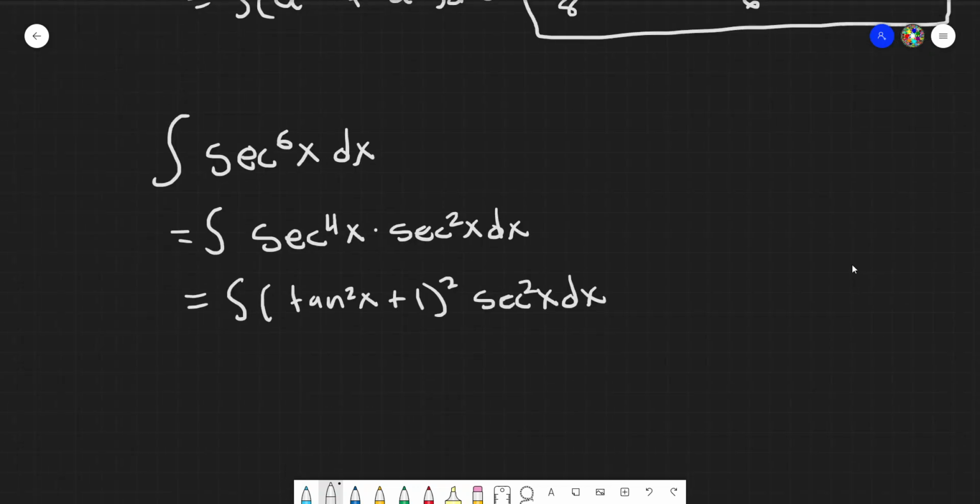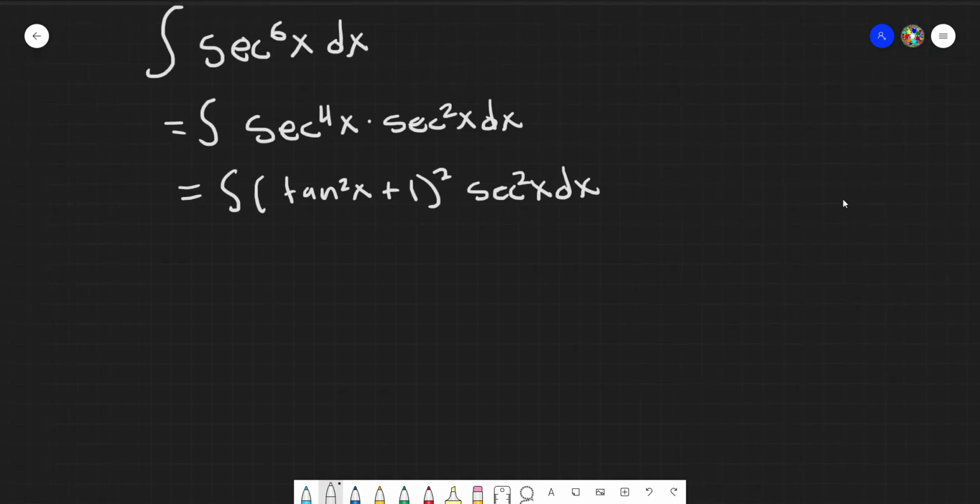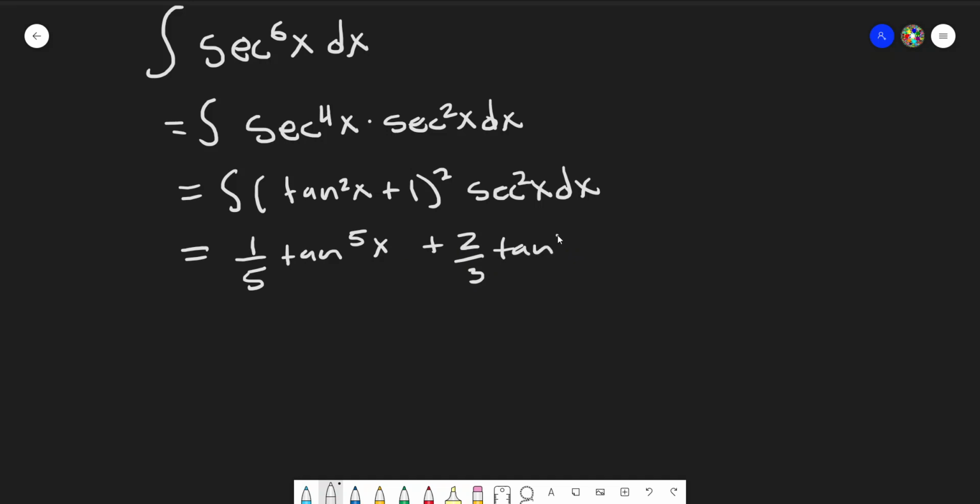So with that, this means that your solution, if you were going to solve for the integral of secant 6x, basically is going to be 1/5 tangent to the 5th x plus 2/3 tangent cubed x, and then you have plus tangent, and then plus c.